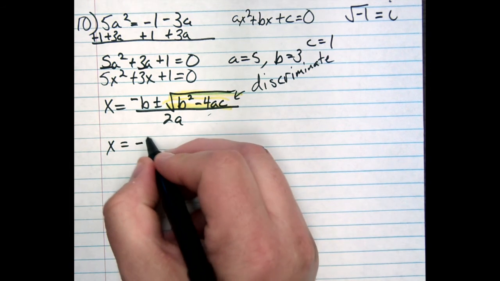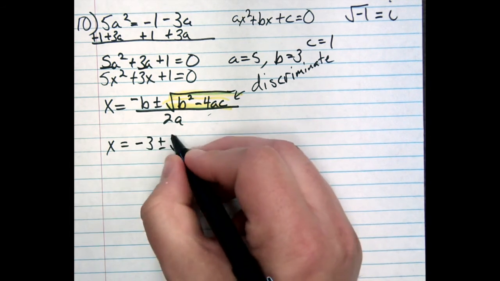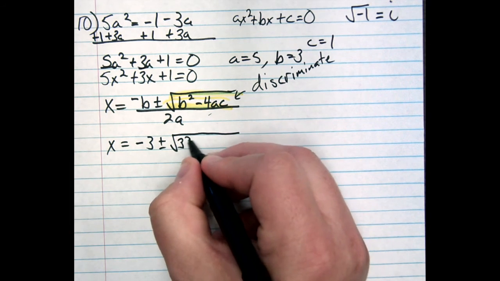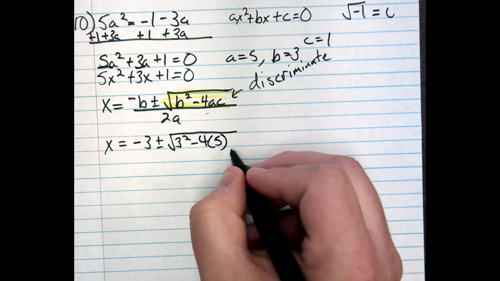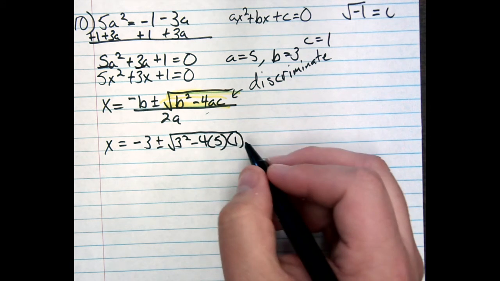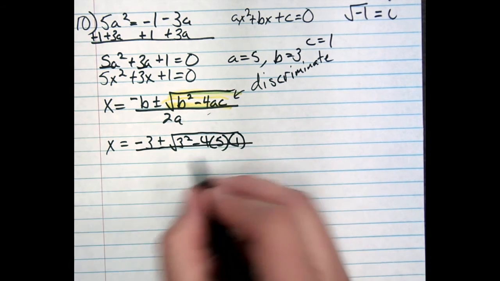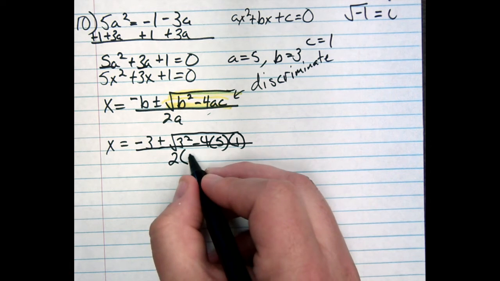So I'm going to plug this in. I've got minus 3 plus or minus the square root of 3 squared minus 4 times a, which is 5, times c, which is 1, all over 2 times a, and a is equal to 5.